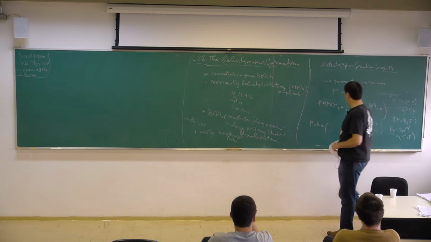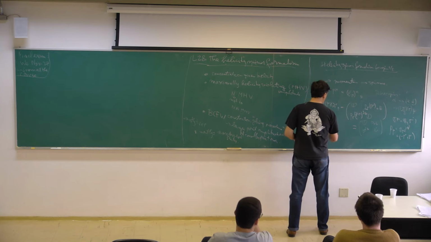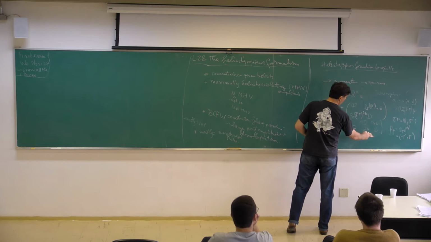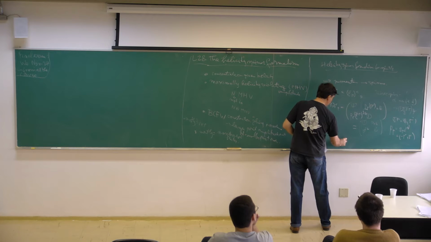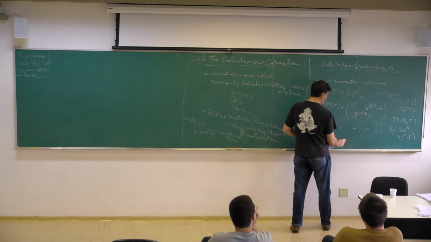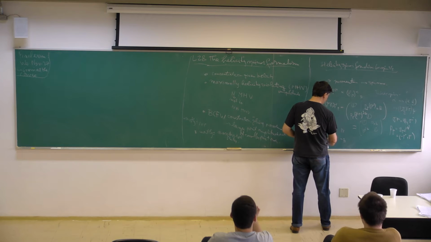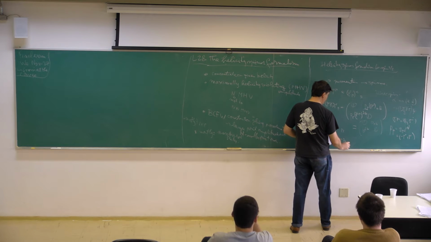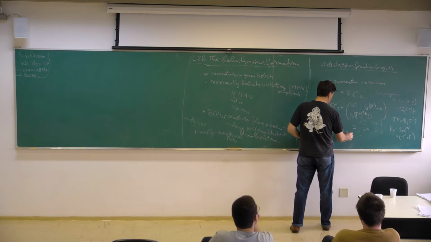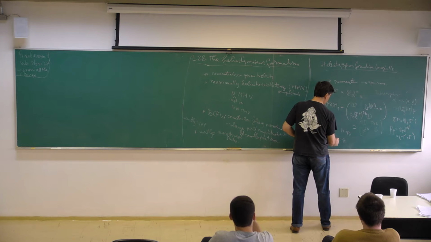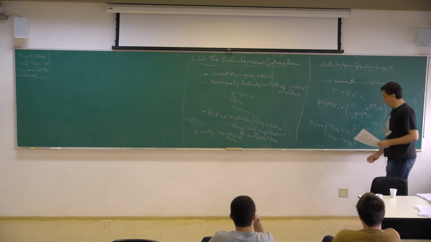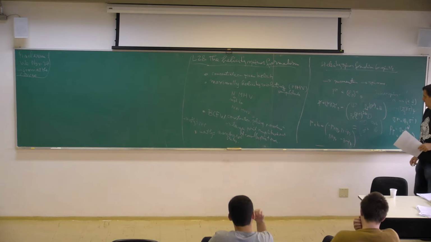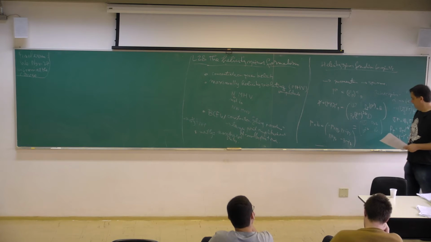So then P A B dot is minus P0 times the identity, then plus P1 sigma 1 plus P2 sigma 2, then plus P3 sigma 3. Right? So this is P A B dot.